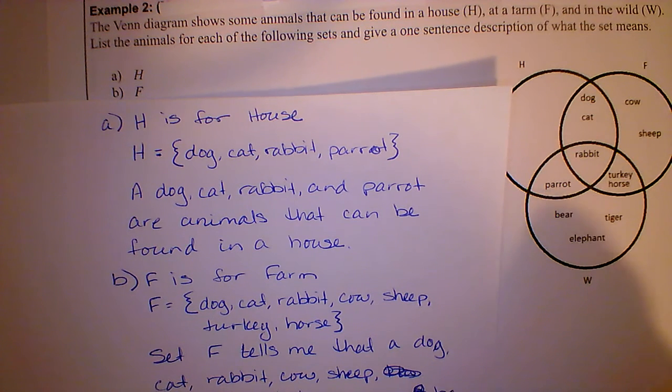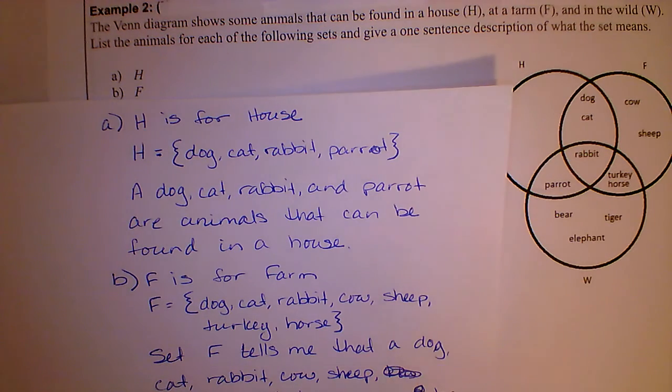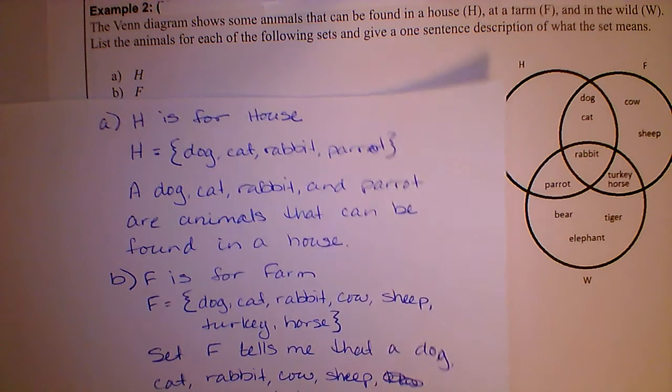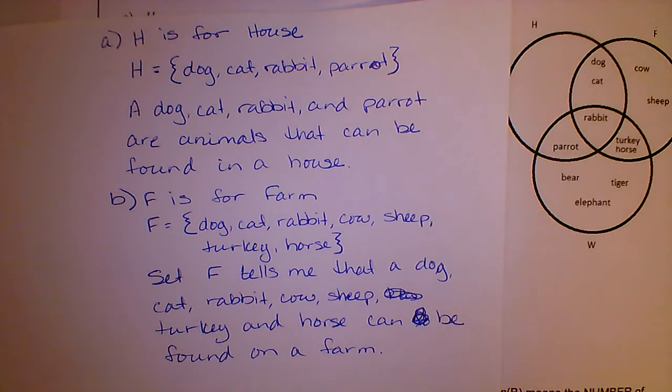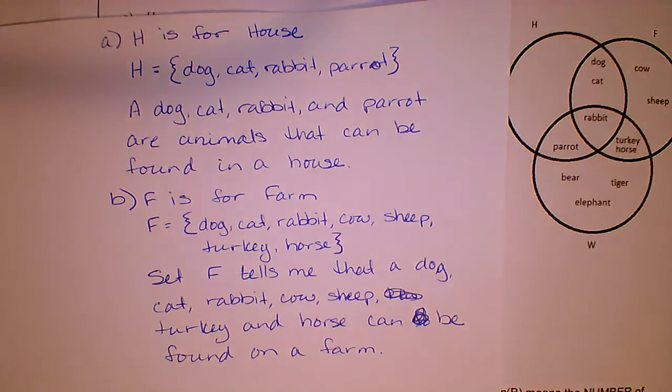Oh my goodness, all kinds of writing mistakes here. Sorry, didn't realize you couldn't see my writing. Set F tells me that a dog, cat, rabbit, cow, sheep, turkey, and horse can be found on a farm.